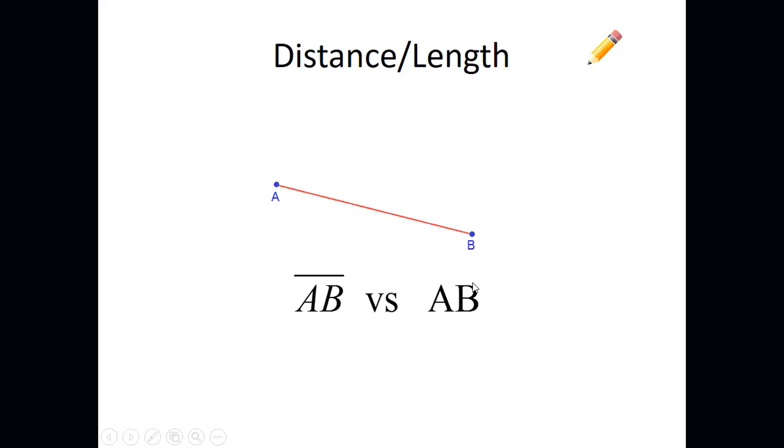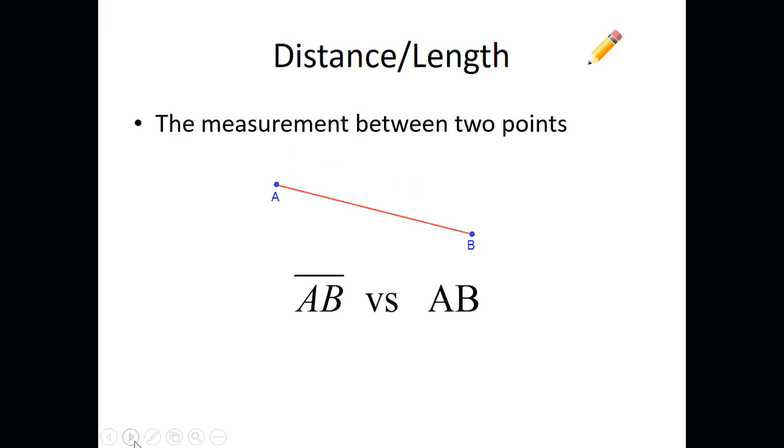When you lose the little line, distance or length, you guys, is the measurement between two points. And the way that's noted is AB without the little bar above it. So the distance is AB as listed here, whereas this one is referring to the segment itself in a diagram.